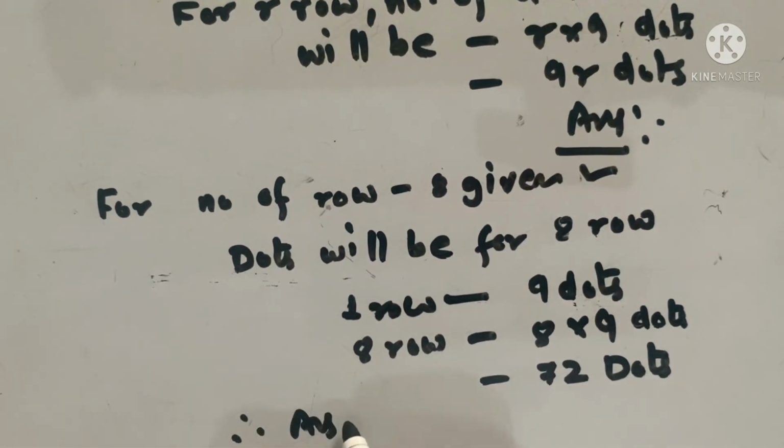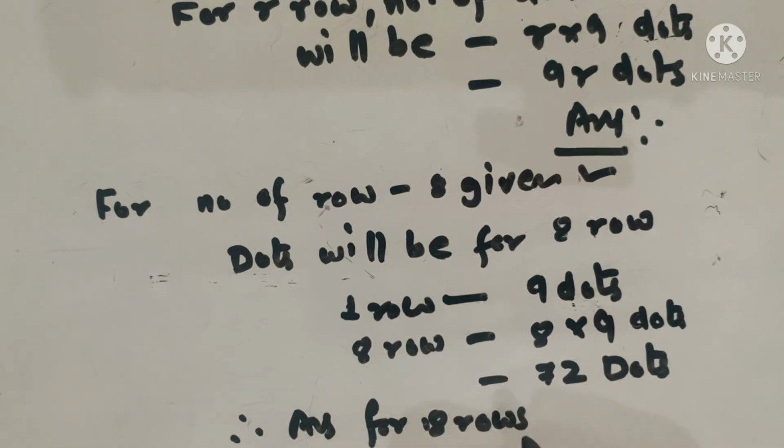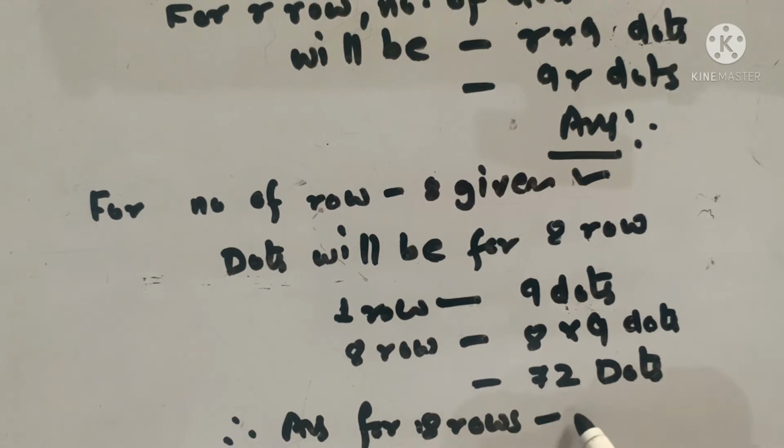Therefore, the answer for 8 rows is that there will be 72 dots.